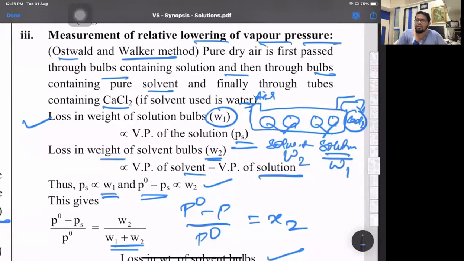So when the air goes, first it goes into the pure solvent, then into the solution. In the solution, the loss will be proportional to P, the vapor pressure of the solution. Loss in weight of solvent will be nothing but the difference, solvent minus solution, because pure solvent vapors are greater as compared to solution.